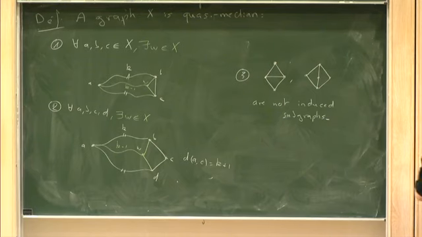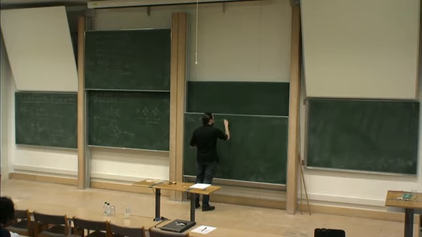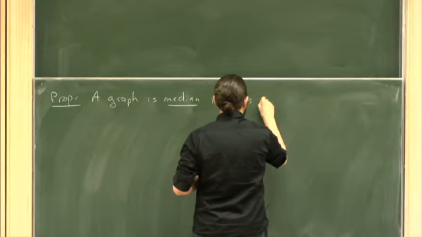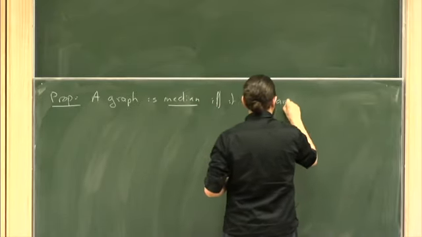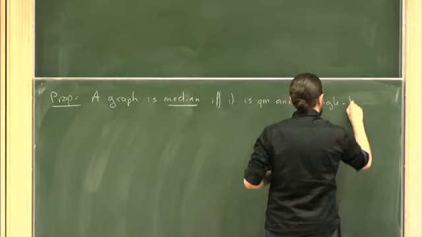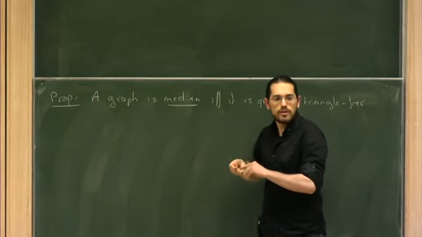So a graph is median if and only if it is quasi-median and triangle free. So this is a proposition if you know what a median graph is, and otherwise you can take this as a definition.